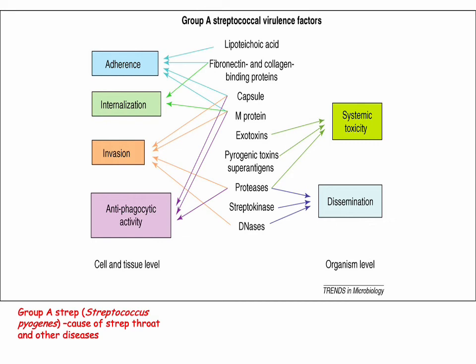I don't expect you to remember in the examination, give me the name of the structure that plays what role. I think the idea is to get the general concept that they produce structures that allow them to adhere, produce toxin. I don't want you to tell me what toxin or enzyme helps them play the dissemination role or produce the toxicity.